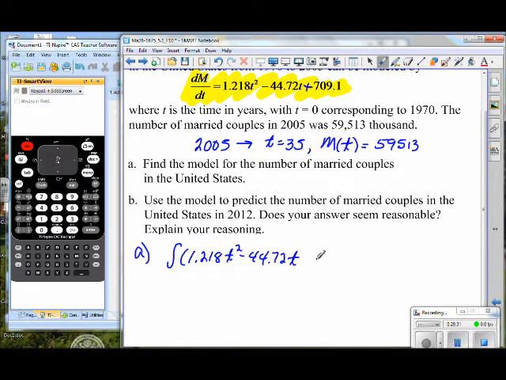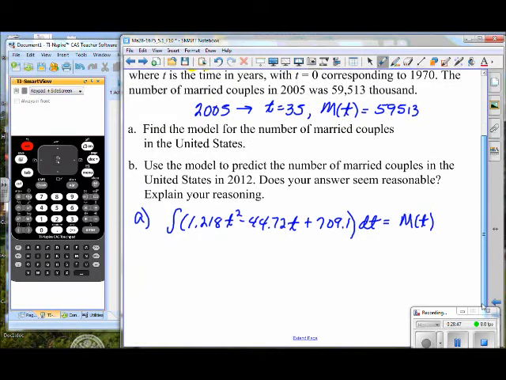That was a typo on my end, plus 709.1, close parentheses, and we need our differential dt. When we solve this, we will have found the function that tells us the number of married couples in terms of years.